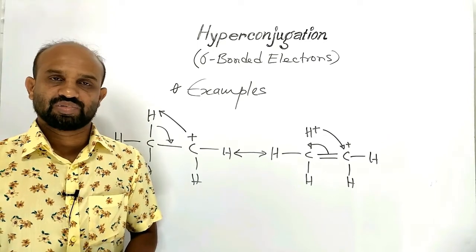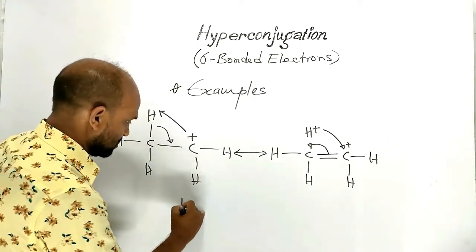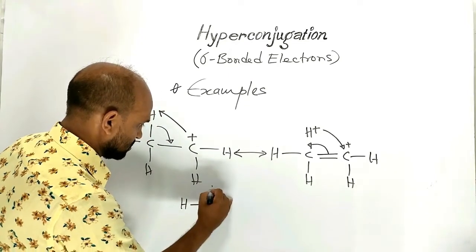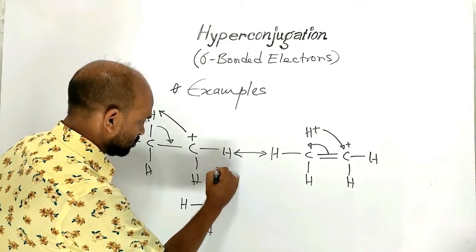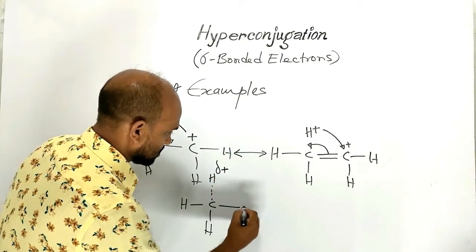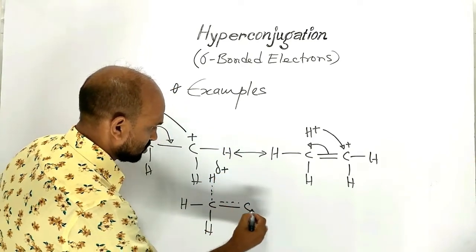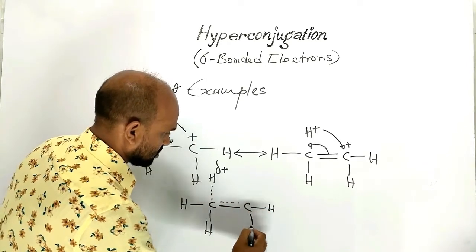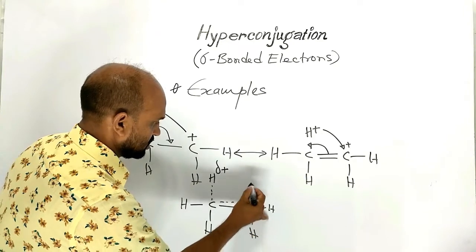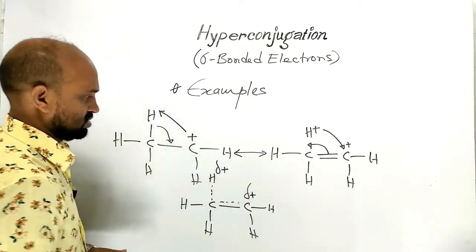Resonance hybrid can be written as hydrogen, carbon, hydrogen, hydrogen with partially positive charge, carbon, hydrogen, hydrogen. This carbon with partially positive charge.